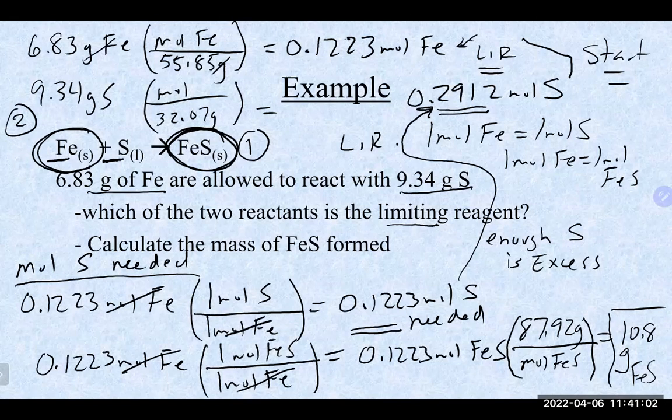It's the sulfur is the excess reagent, and we got 0.2912 moles that we started with. From our calculation down here, we figured out we needed 0.1223. So if we subtract those two numbers, that will tell me how many moles of the sulfur would be left over at this point.